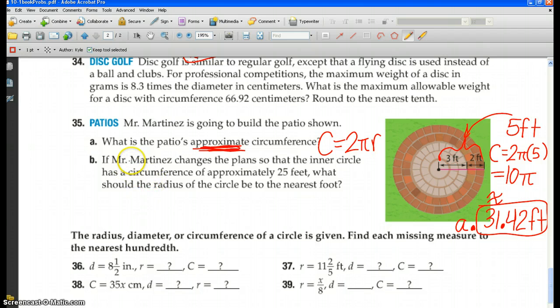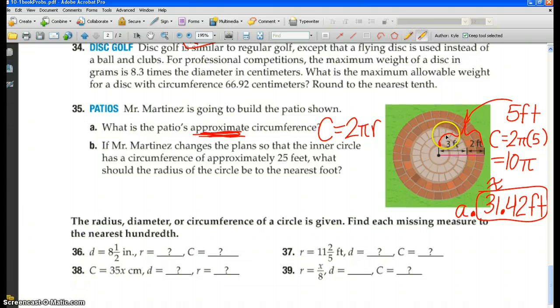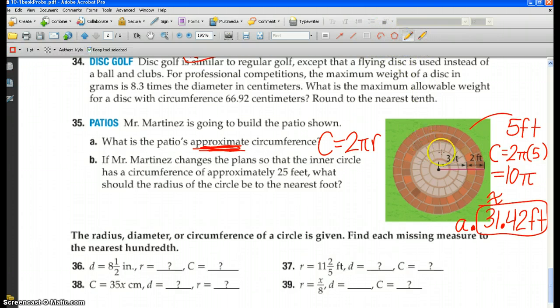For part B, if Mr. Martinez changes the plan so that the inner circle has a circumference of approximately 25 feet, what should the radius of the circle be to the nearest foot? So now let me erase some of this here. And now we're only concerned about this inner circle.